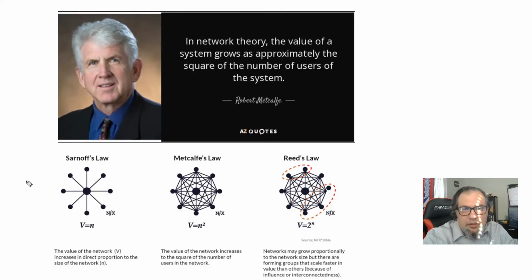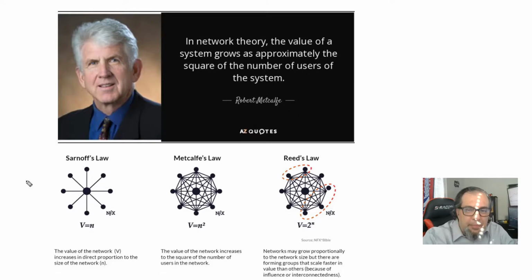There is the Sarnoff law, there is the Metcalfe law, and then there is Reed's law, and a couple other laws that are not so important. Basically, Sarnoff's law says that the network value increases based on the number of nodes that the network has, the number of endpoints. In the world of Bitcoin, that's the number of wallets, the number of things that can transact with each other.